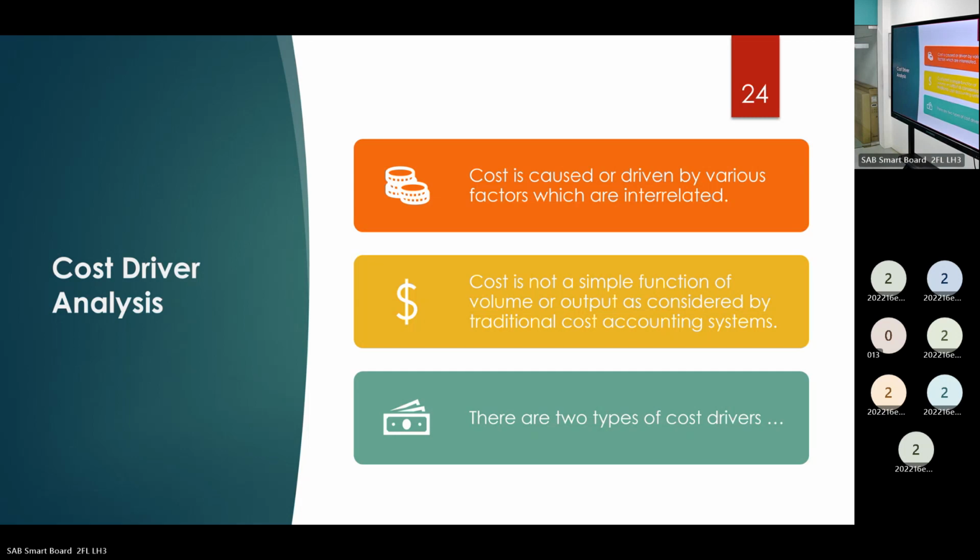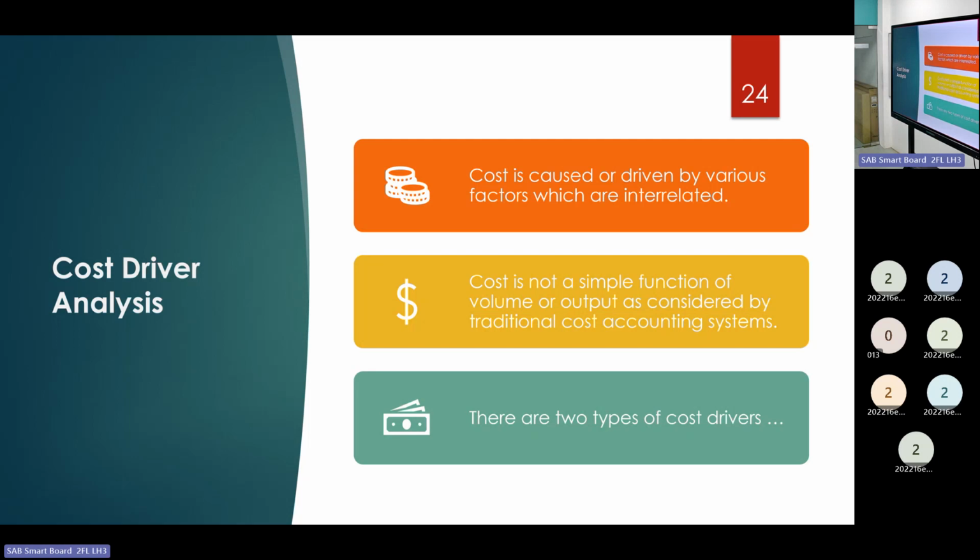In strategic management accounting, we said strategic cost management has an external focus that traditional cost management does not have, but it still considers cost. You are not ignoring the cost. So you have to have a cost driver analysis.